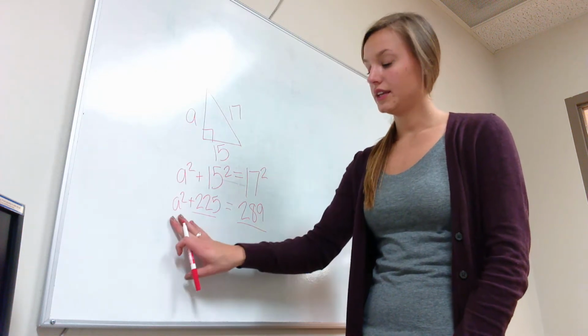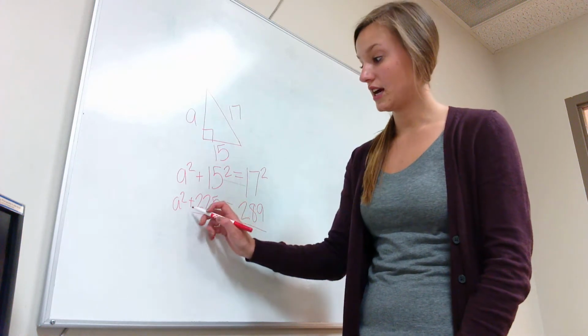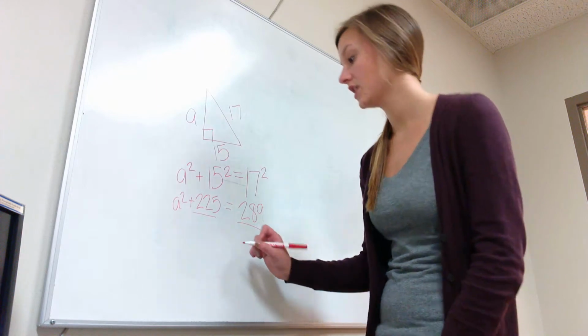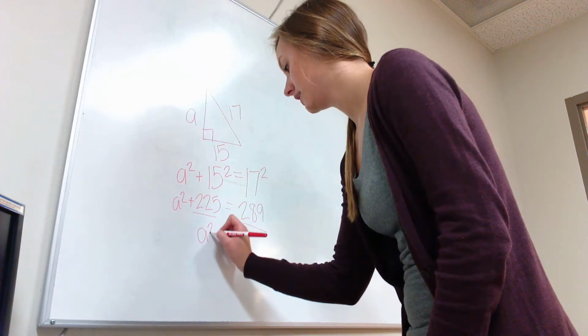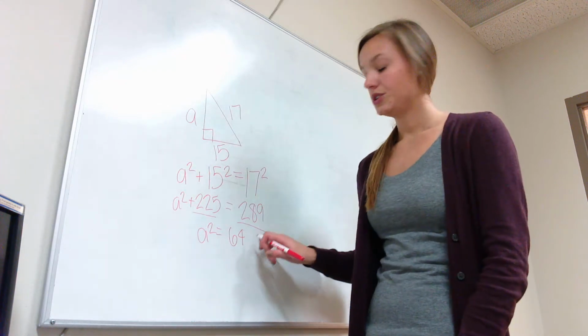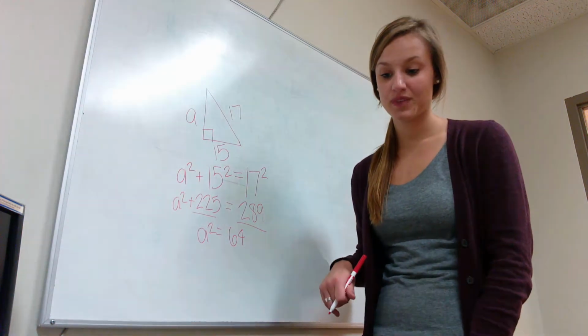To solve for a, we need to get a by itself. So we're going to have to subtract, which is the opposite of adding. We have to subtract our 225 to get a by itself. So we would get a squared equals 64 after we subtract 225 from 289.